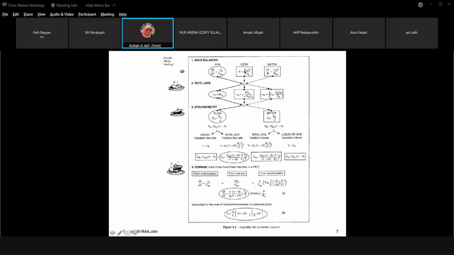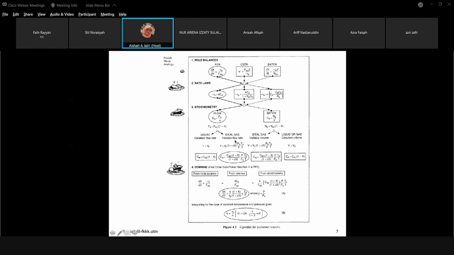For the CSTR, this is a complicated reaction, but given the rate law. If batch, you just consider the number of moles N, and if flow, you consider the F. This is for the liquid, this is for the ideal gas. The ideal gas, variable volume, constant volume.